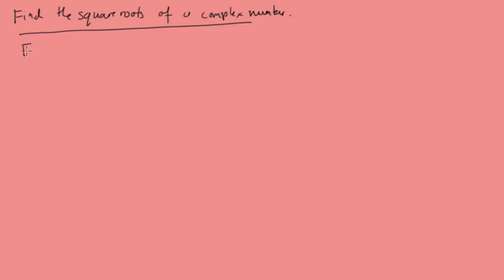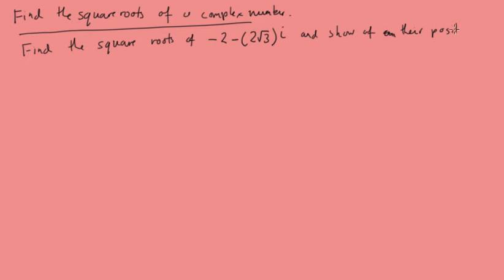So we want to find the square roots of -2 minus 2 root 3 i and show their position on an Argand diagram.